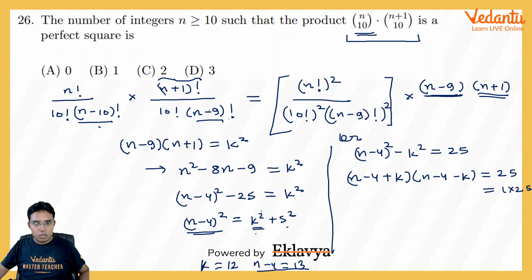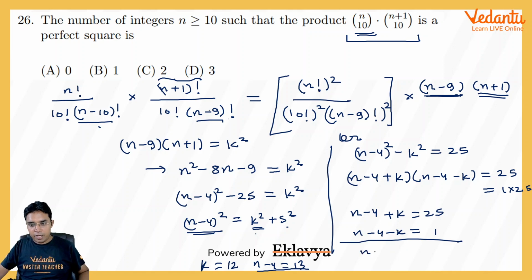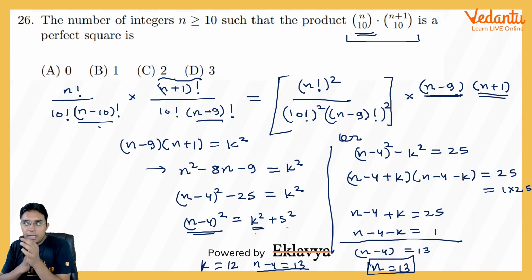So here 1 and 25, so I take n minus 4 plus k as 25 and n minus 4 minus k equal to 1. Adding them gives n minus 4 equal to 13, and that is what we got there also. If you take minus 1 and minus 25, you can check, but I don't think it will be possible. Let me just think.